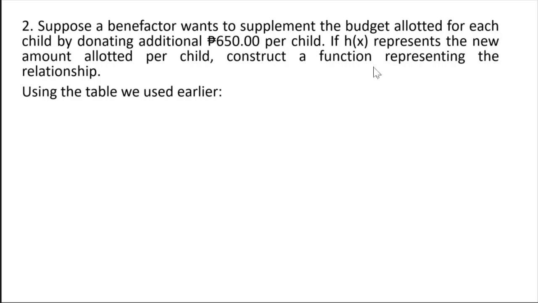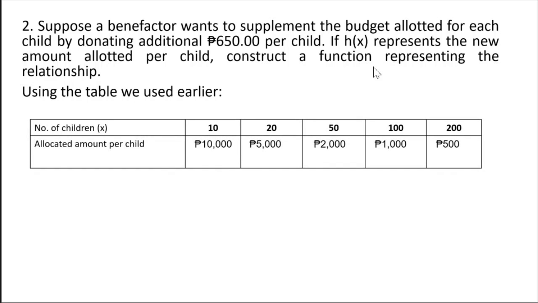Using the table we used earlier, the number of children, which we solved earlier, is 10, 20, 50, 100, 200. Then the allotted amount per child: we have 10,000 for 10 children, 5,000 for 20 children, 2,000 for 50, 1,000 for 100 children, and 500 for 200 children.